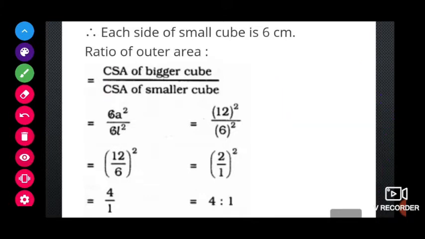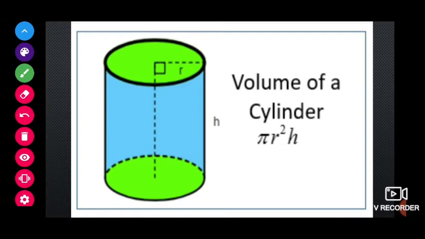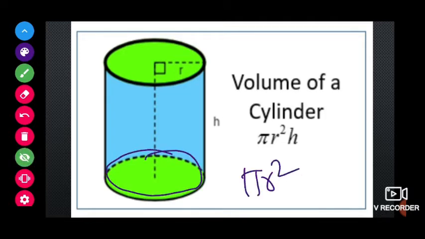Next, we are going to see the volume of a cylinder, children. How can we find the volume of the cylinder? The cylinder is in the shape of a round, with two surfaces, top and bottom, like a circle. The area of the circle is pi r square.